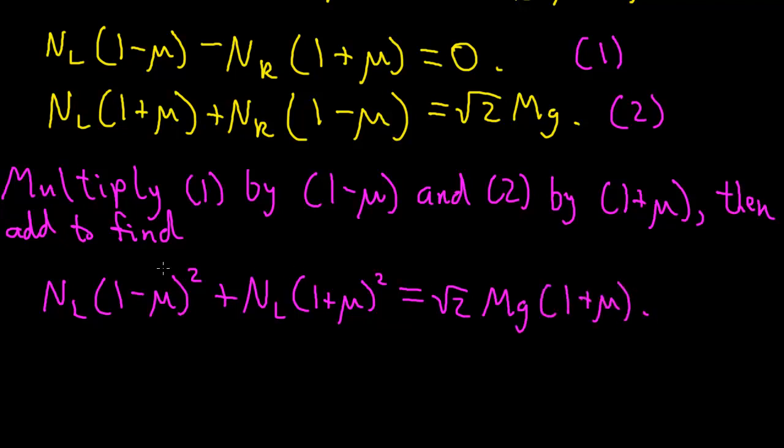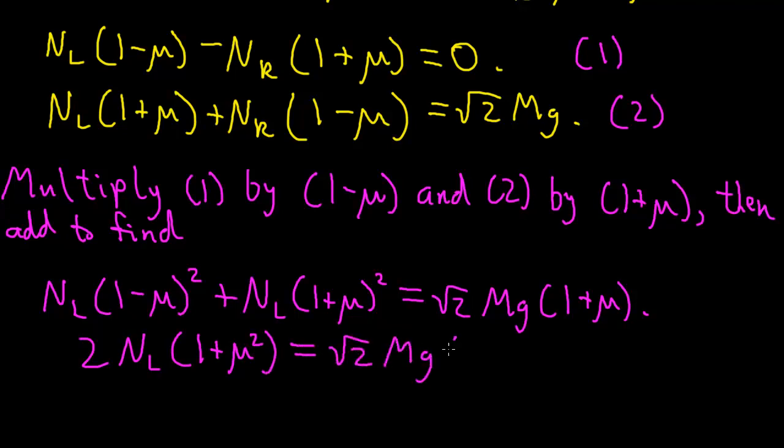When we expand these out, we'll get n sub l times 1 plus 1 is 2, the cross terms cancel, and then we have a 1 plus mu squared, so this will be 2 n sub l times 1 plus mu squared equals square root of 2 mg 1 plus mu.